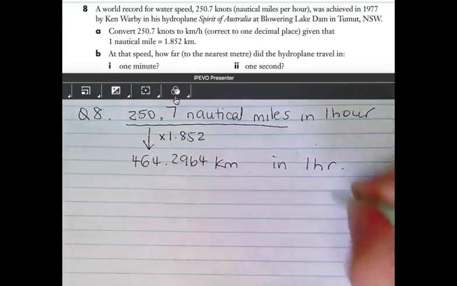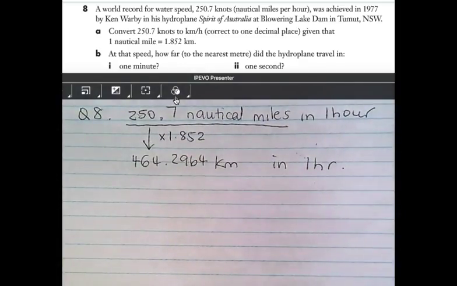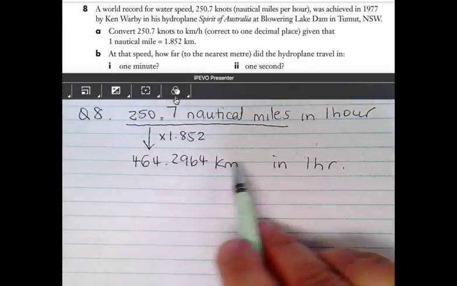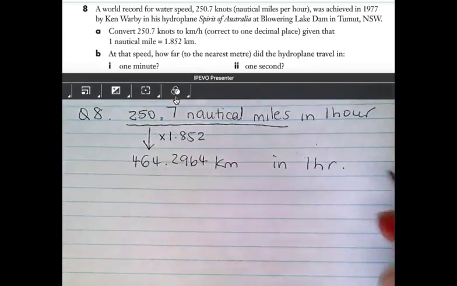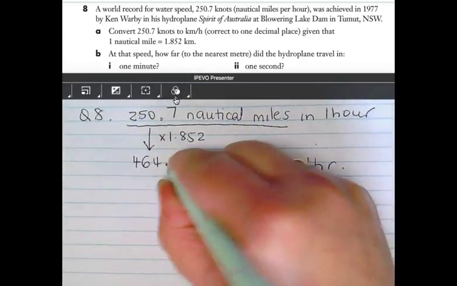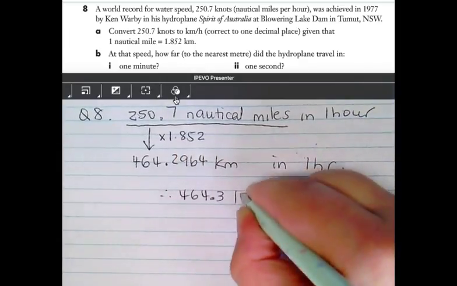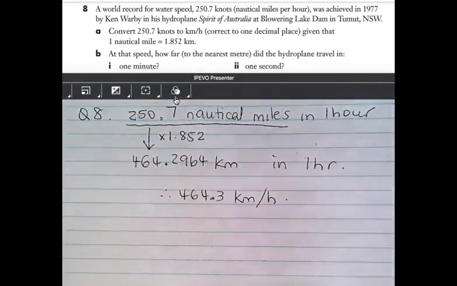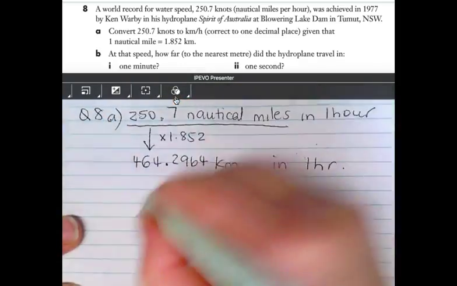The question is convert that 250.7 knots to kilometres per hour, so now it is in kilometres per hour. They want it to 1 decimal place. Therefore, 464.3 kilometres per hour. So that's your answer for part A.